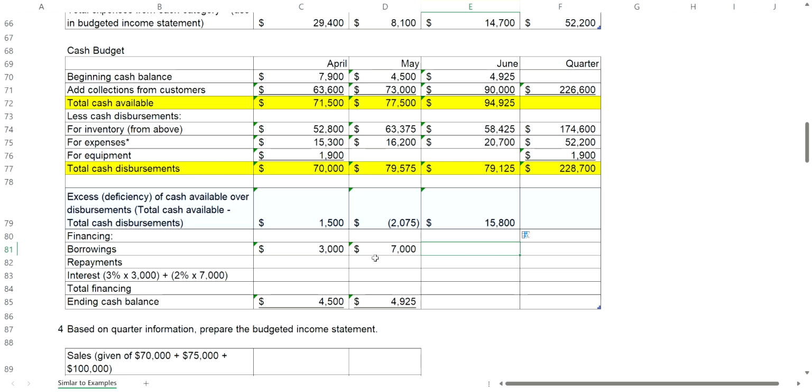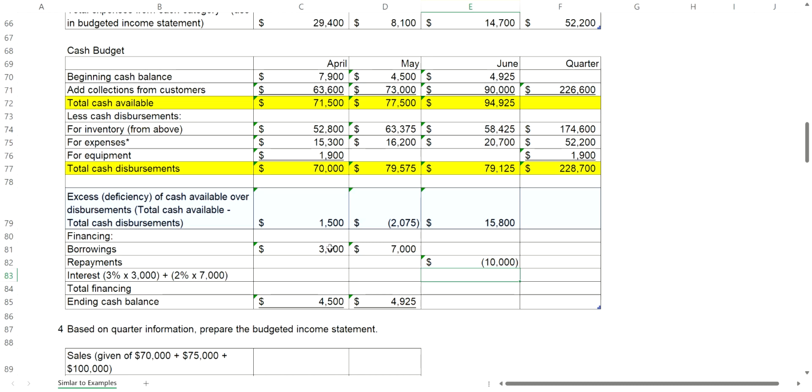So we now have enough to repay. We borrowed $3,000 and $7,000, so we borrowed $10,000. That would reduce our cash flows when we repay it. We now have enough to repay that $10,000 plus interest on that $10,000, and that would be for 1% per month for 3 months.